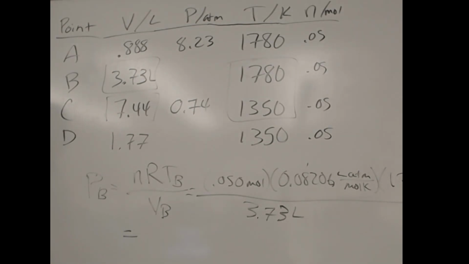So now we can calculate the pressure for B. You get 1.96. Okay.